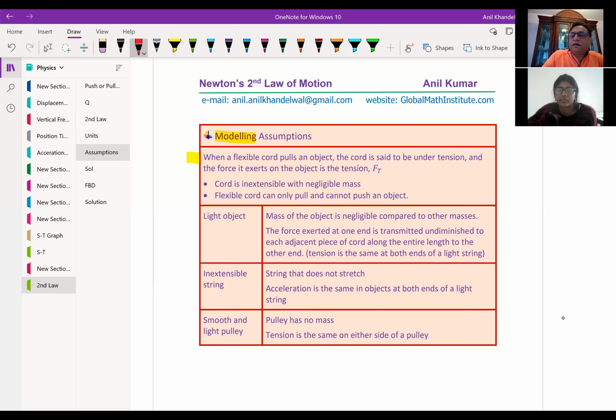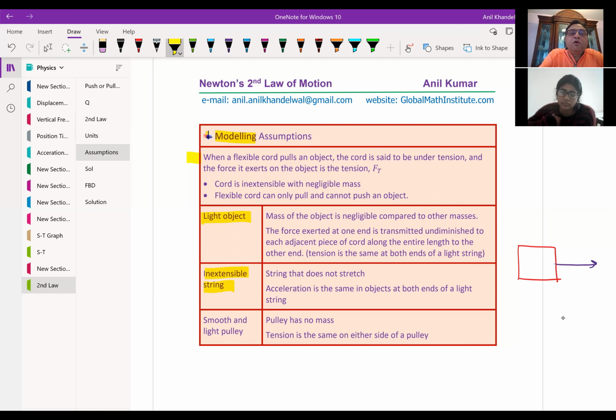So in our diagrams, we'll always have a mass represented by a box, pulled by a string, which we will call a cord. This cord will always have some properties: it is always considered to be a light, inextensible string. That is the importance of the cord, correct?